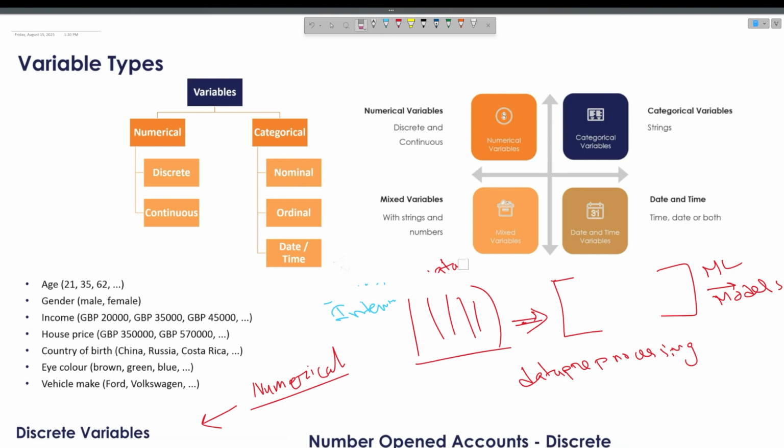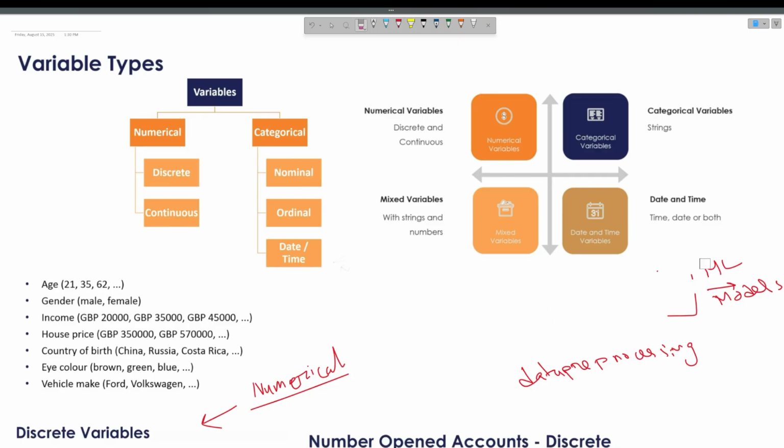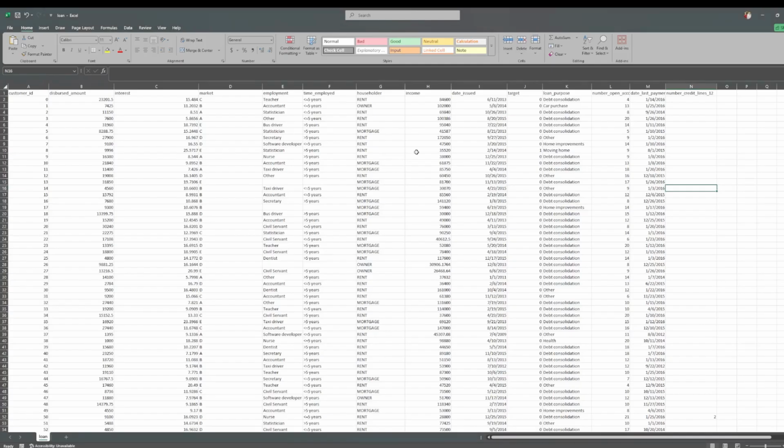Now what we are going to learn is, we have seen that the CSV has lots of columns, and obviously the data are different, right? Some have only text, some have only numbers. For customer ID we just have numbers like 0, 1, 2. For disbursed amount we have floating numbers, and for interest rates we have floating numbers.